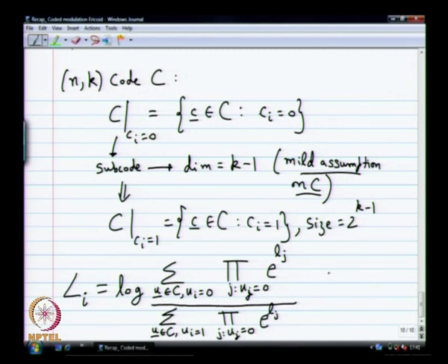What is small Lj? Lj is 2 Rj by sigma square, the scalar LLR. This is the vector LLR. So that is a generalization of the previous one.